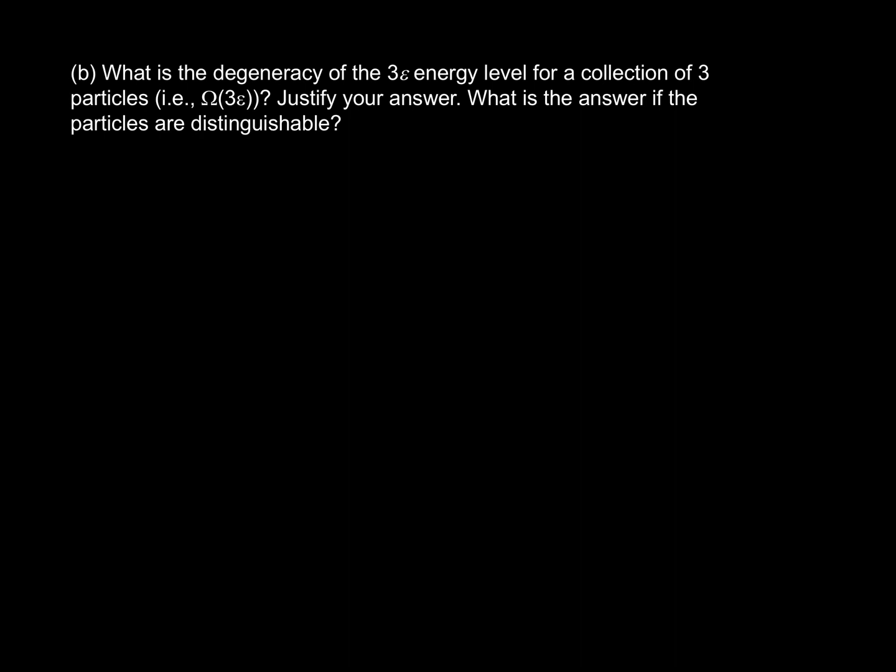If we rephrase this, what is the number of ways that you can organize 3 indistinguishable particles into energy states such that the total energy of the collection comes out as 3 epsilon? We're going to do this one twice: once for indistinguishable particles, and once for distinguishable particles.